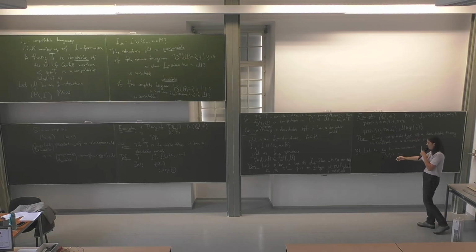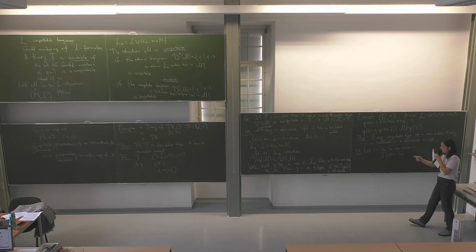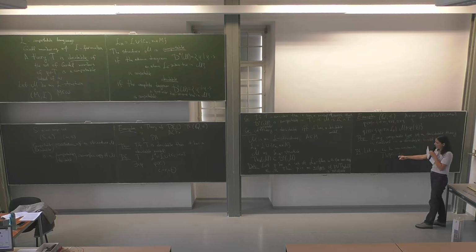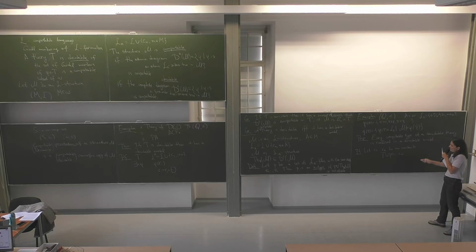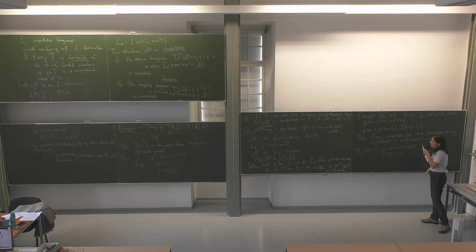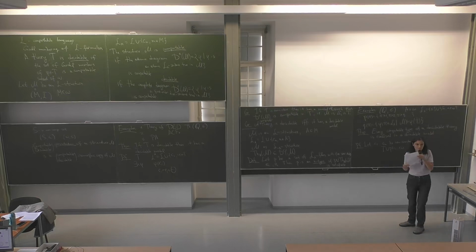So this will be a set of sentences now, a decidable theory, a consistent theory because this is consistent by definition, and by the theorem that we had there, this theory has a decidable model. Then when we interpret those constants, so we forget about them and only consider the original language, what we get is a decidable model of T. Okay, fine.